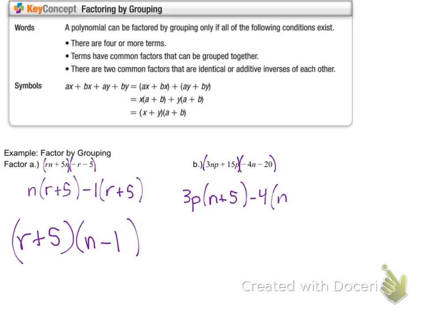And what's negative 20 divided by negative 4? Plus 5. Now we have a common term, and so we take that common term out. What is it going to look like? N plus 5 times the quantity. What's the leftovers? 3p minus 4. Done.